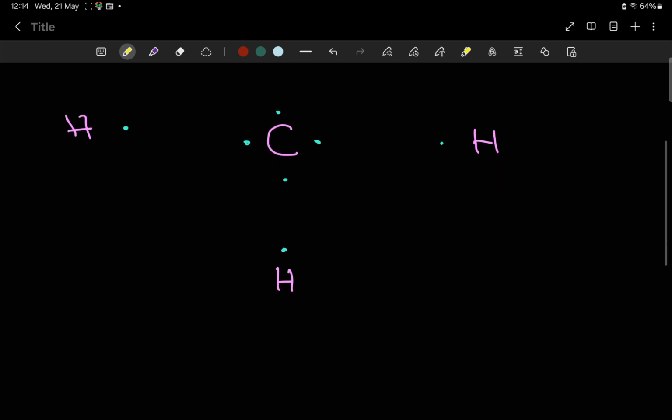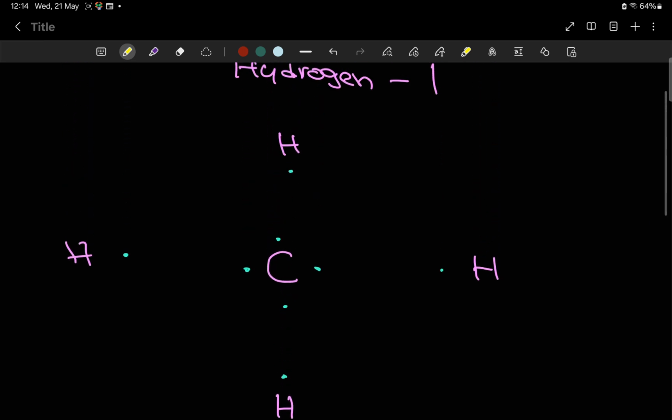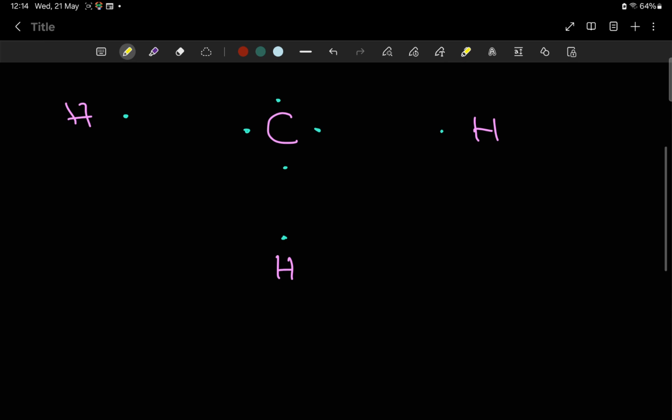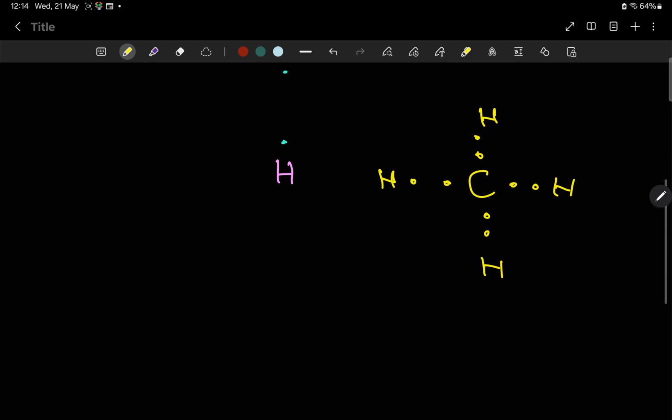Let's write it in the type of bonds. C, H. This is what we have seen here, right? As there is only one pair of electrons, only a single bond will be formed.